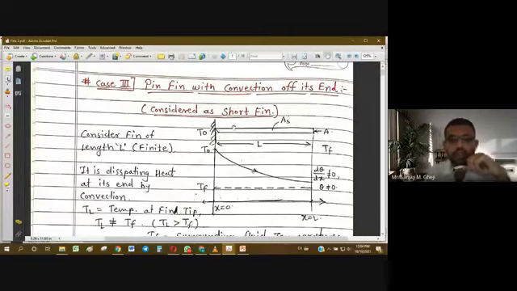We happen to encounter such types of fins, so we have to take up the analysis of this type of fin. The length will not be infinitely long, and also the tip is not insulated. As the tip is not insulated, it means there is a heat transfer rate from the tip of the fin to the surrounding fluid.